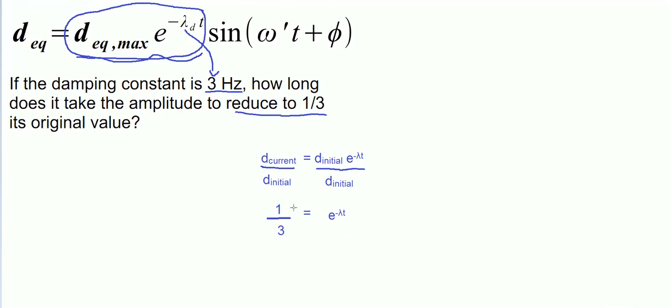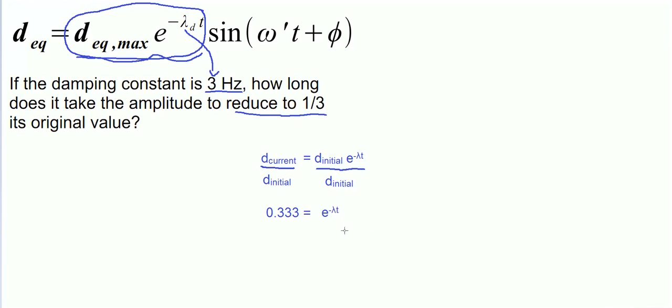Now, you can do a bunch of things to this. One thing I might recommend is that this 1/3 is kind of annoying. We can actually replace it with a decimal if you like. But at the end of the day, you need to solve this particular equation. A lot of people struggle with solving this because for some of you, this is something you've never seen before. Our goal is to get t by itself.